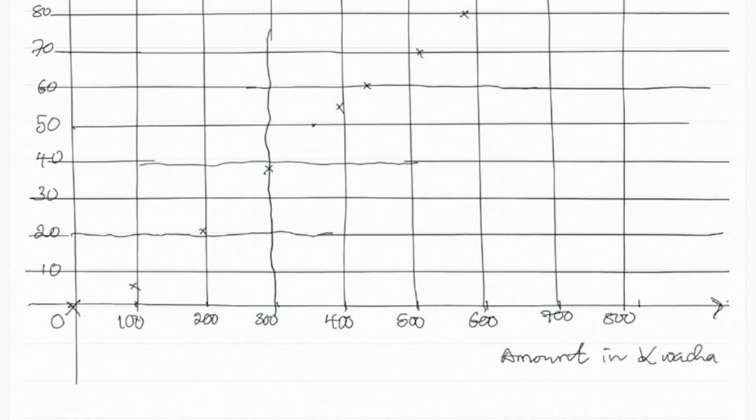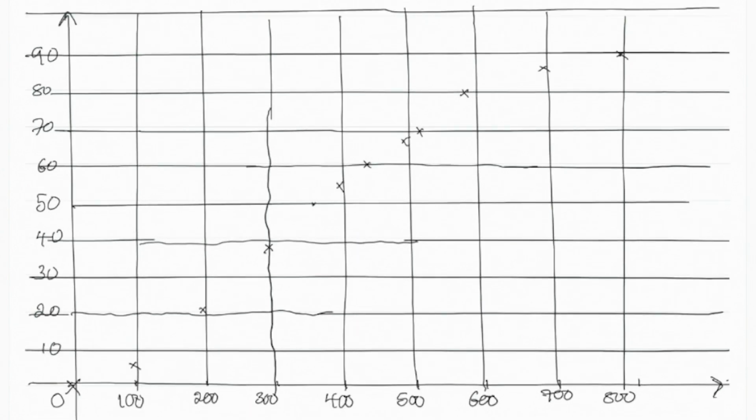Then we have 569, somewhere there. Then you have 681, somewhere there. Then you have 788, somewhere there. And finally you have 890.